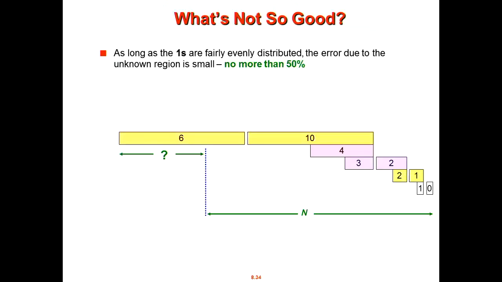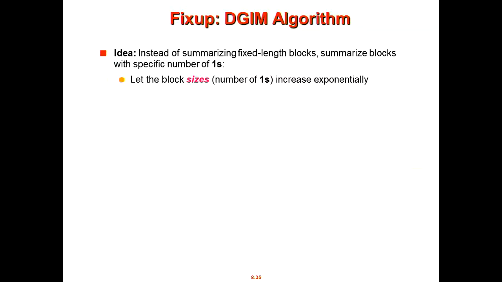In order to achieve the performance bound, we use a new method: we use buckets, not regions. Each bucket stores some bits, and these bits contain some number of ones, and the number of ones contained in each bucket increases exponentially. That's the difference from the naive solution.